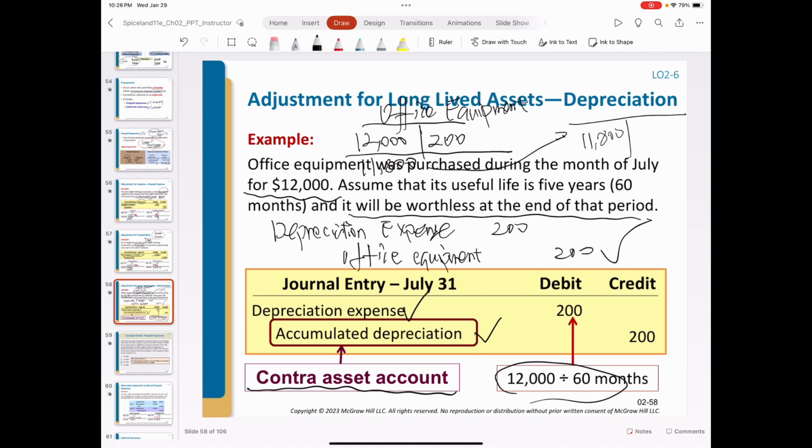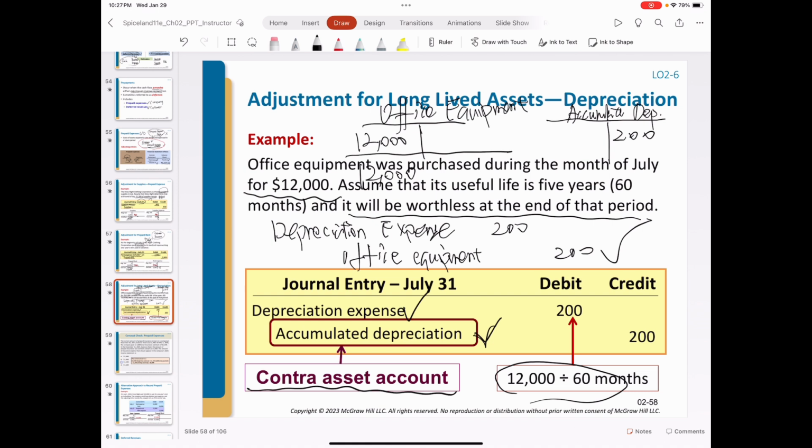So to keep this information, we do not credit the office equipment account. We keep the original equipment cost of $12,000, while we create a control account called accumulated depreciation. We credit $200.